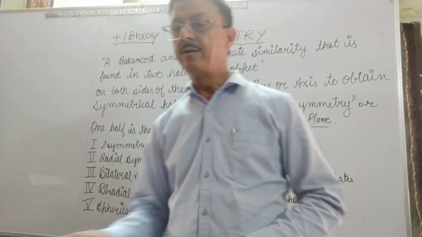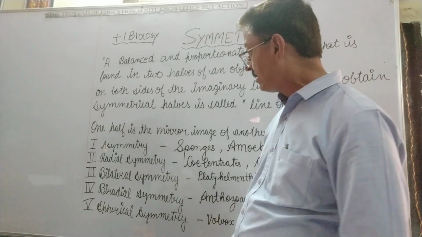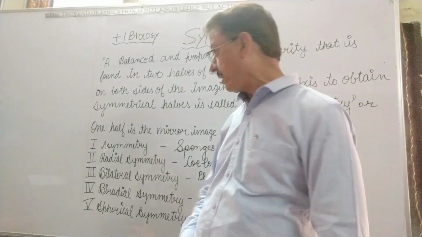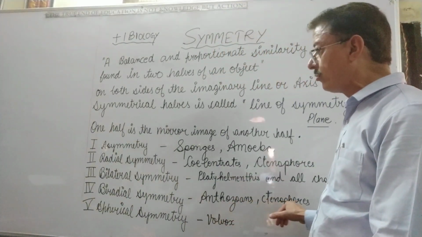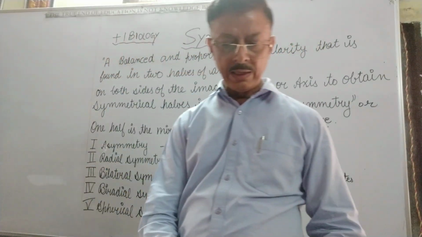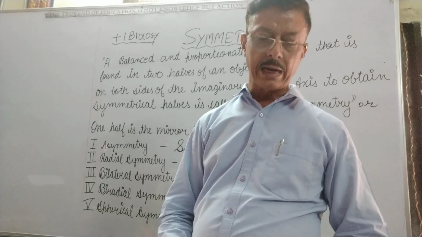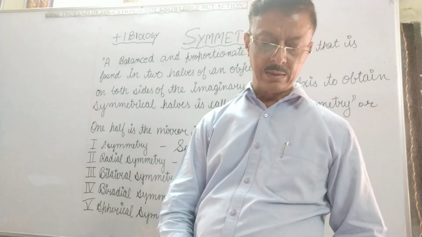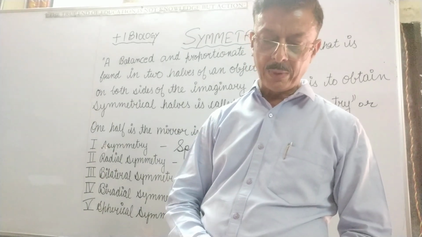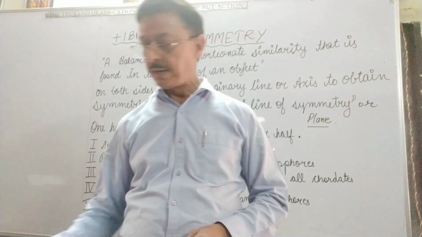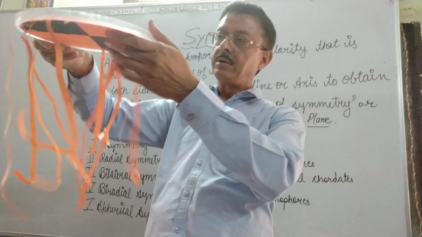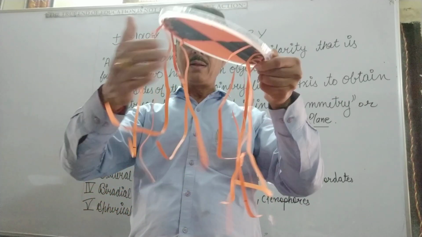The next type of symmetry which I am going to discuss here is biradial symmetry, which is a very rare symmetry in some animals like Anthozoa and Ctenophores. In case of biradial symmetry, the animal is divided into four exactly equal parts, four quadrants. The body shows similar parts on either side of the body axis, like this. There are four halves in the body of the animal.